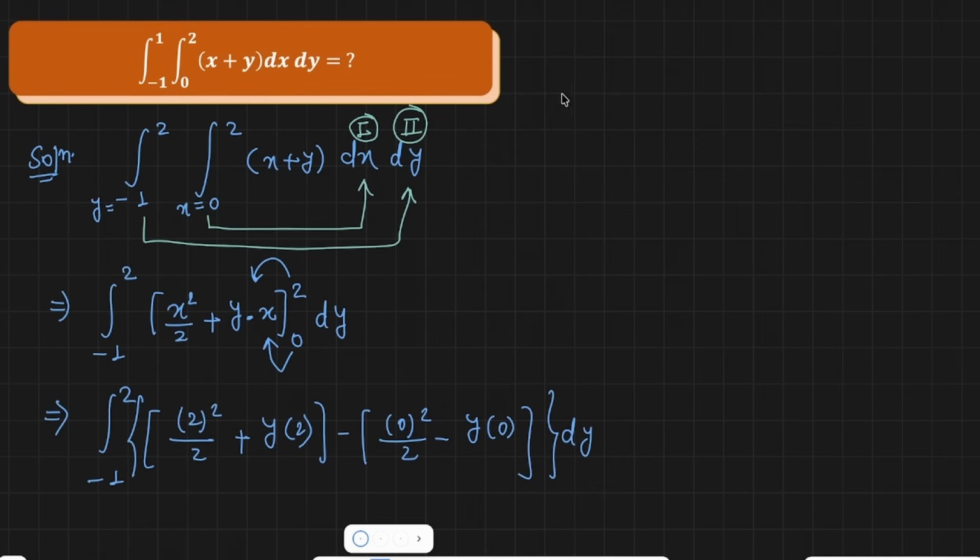Now simplify this. From -1 to 2, 4 by 2 will be 2, so I will get 2 plus 2y.